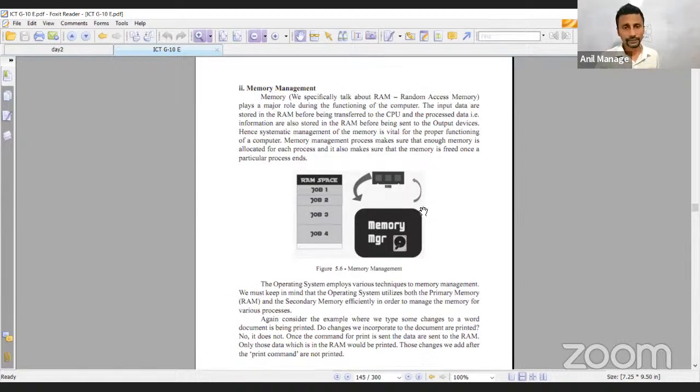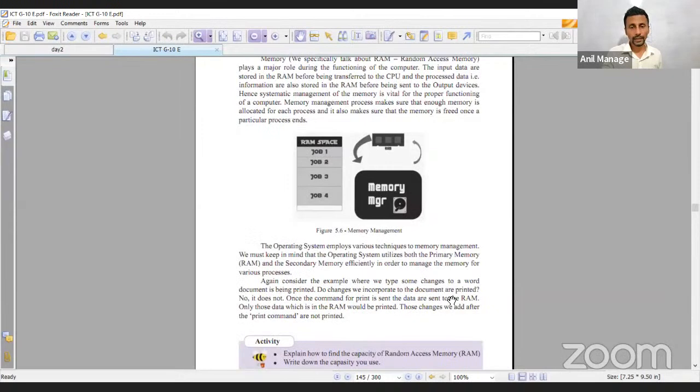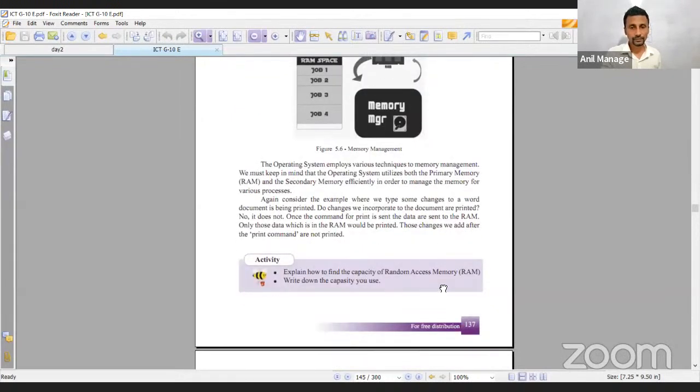You have several jobs. They need some memory, and that is done by the operating system, memory management. So when you are managing memory, that means you have to allocate memory for some work. And if you have finished, you have to deallocate that memory back to the operating system.